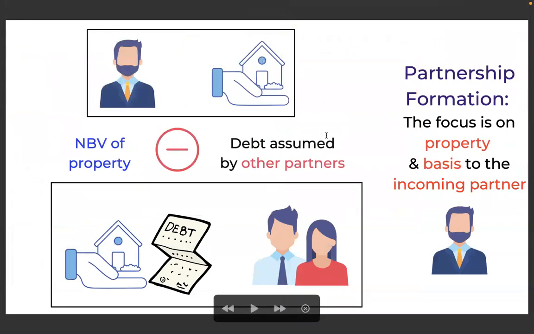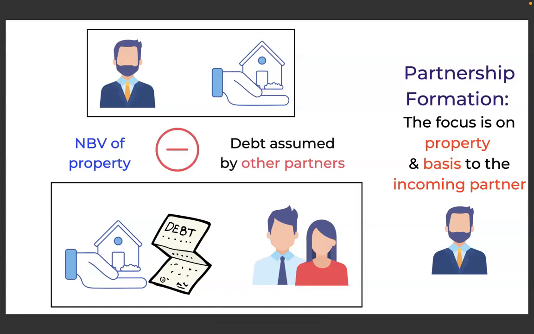Okay, so see how this is different, because this is ultimately something that seems similar to how a corporation recognizes the basis in the property that they received, but it's going to be slightly different, all right? Remember, when you're thinking about the basis to a C corporation, it's going to be the greater of the net book value of the property received or the total debt assumed, all right?